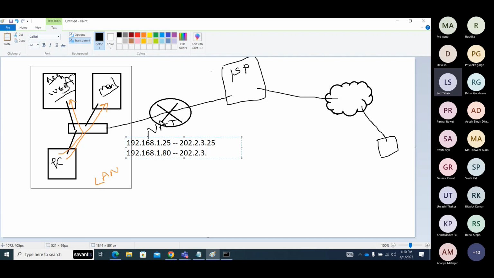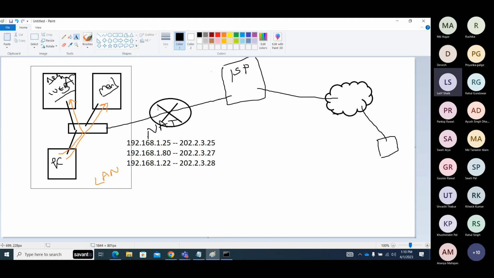It's not required to follow it like that. There is also a PC, which also has a private IP. So I configure a NAT configuration on this router.